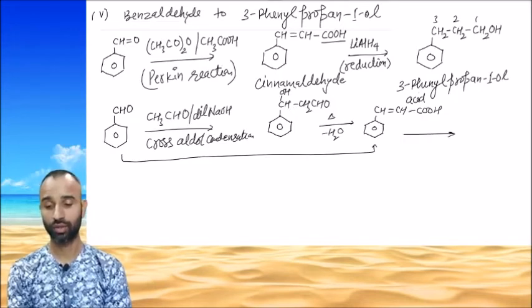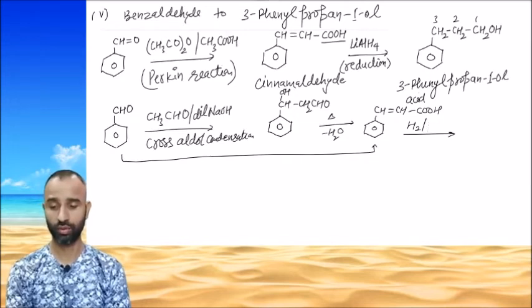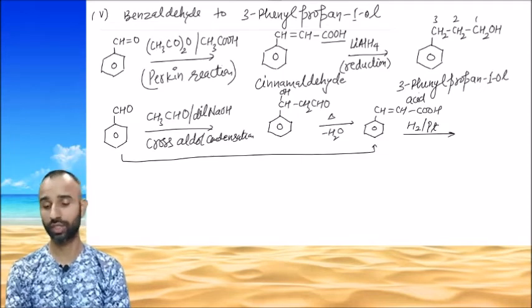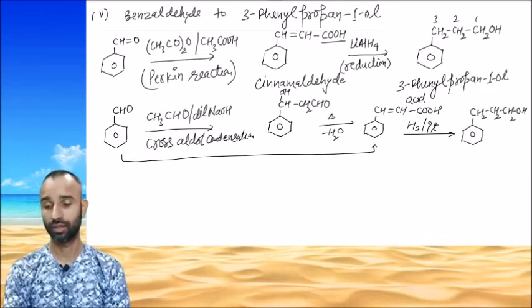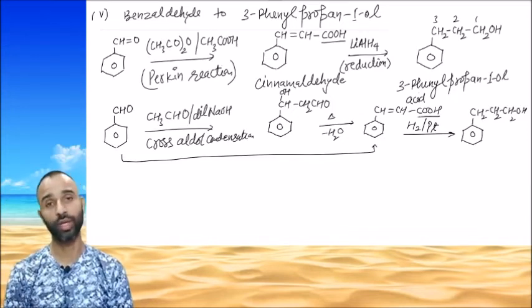Then, even if we use H2/Pd, H2/Ni or H2/Pt, whatever you wish to use, you can. Means catalytic hydrogenation simply. The double bond is reduced, and the aldehyde is converted into alcohol. Okay, so in this way you can prepare.